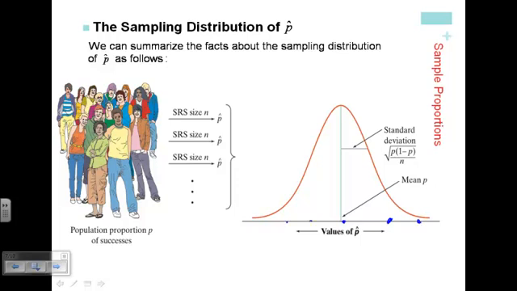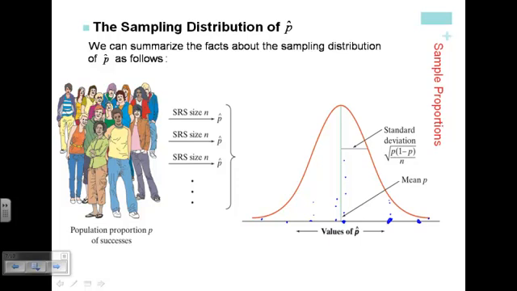I get lots and lots of p hats, but I get many more p hats in the center than I do farther and farther away from the population proportion. It's rare for me to get way out there. It's very common to get things that are really close to the population proportion. The p hats have a distribution. The distribution is centered at p.